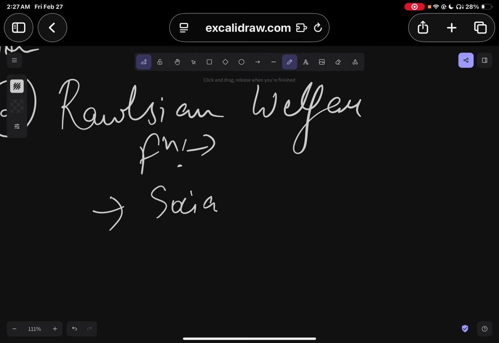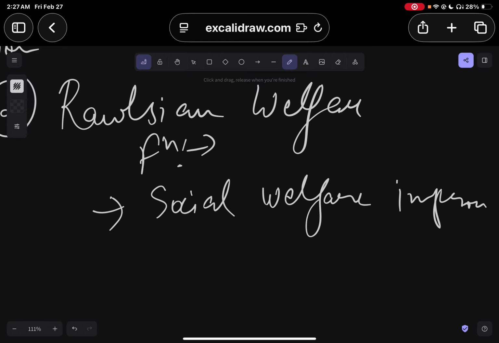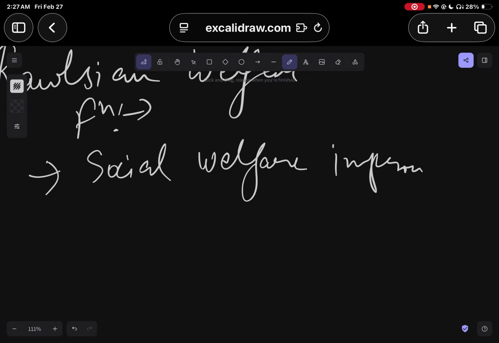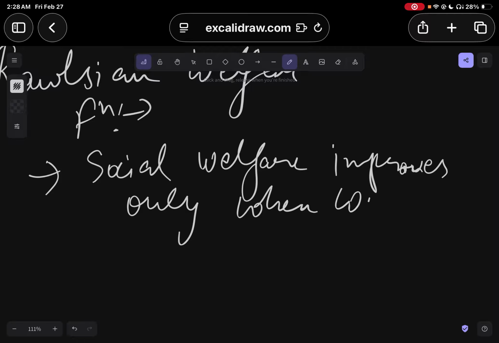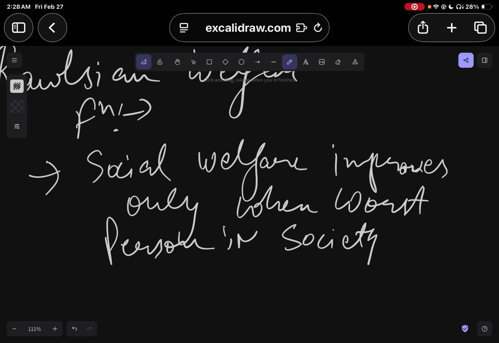Social welfare improves only when the worst person in the society is made better off. So this is simple.